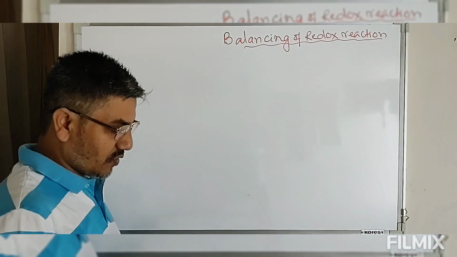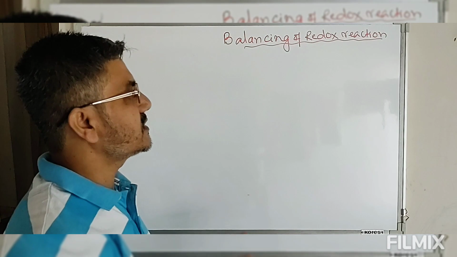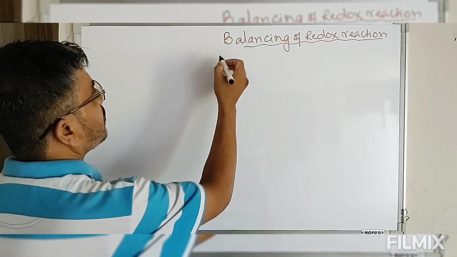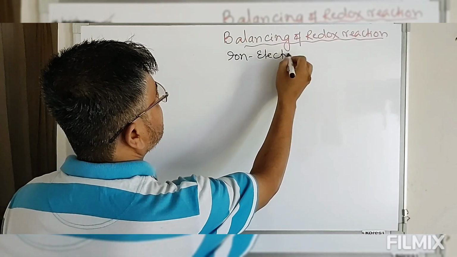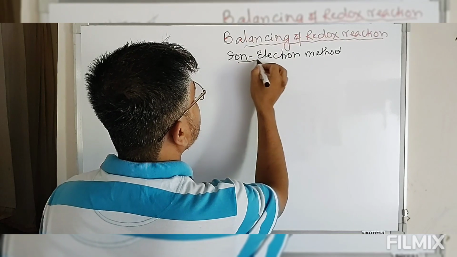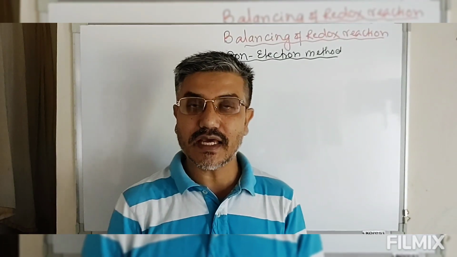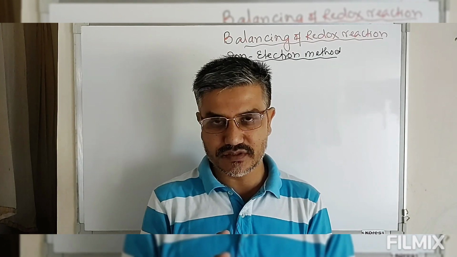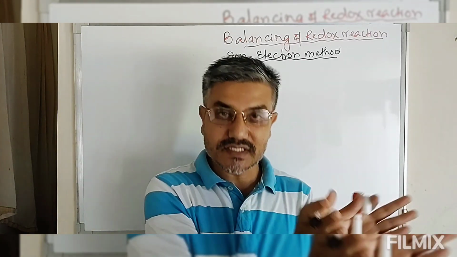Now for balancing of this redox reaction, a very good method is the ion electron method. By this method we can balance both the reduction half reaction and the oxidation half reaction. So we will separate the reaction into the reduction half and the oxidation half.